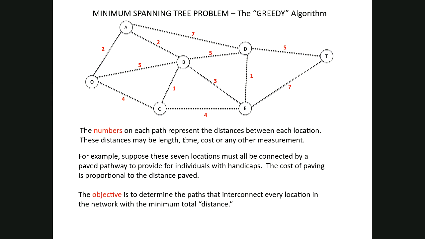So the objective is to determine those paths that interconnect every location with the minimum total distance. We want to be able to get to any location from any other location along a paved pathway.